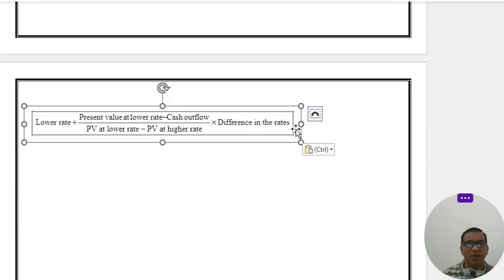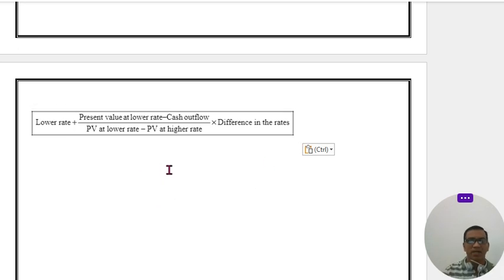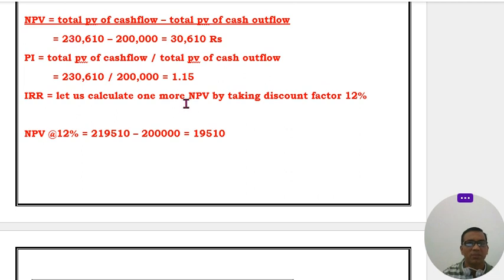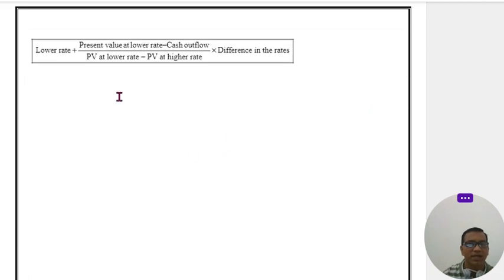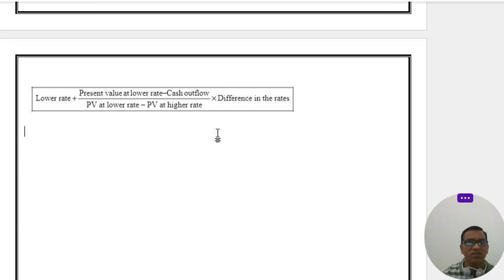What is this formula? Lower rate plus, so lower rate plus, what is the lower rate here? 10% and 12%. 10% is the lower one. So lower rate plus PV of cash flows at lower rate minus cash outflow.